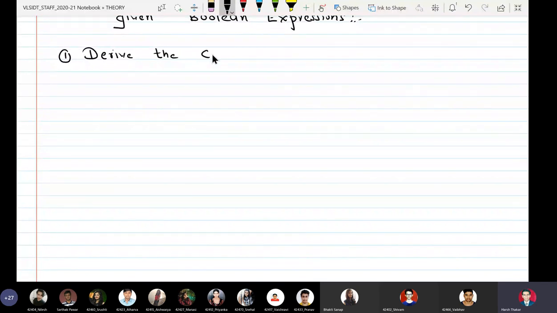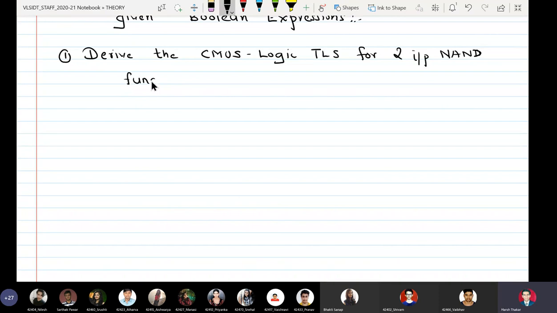Derive the CMOS logic transistor level schematic for 2 input NAND functionality. Okay, it's very simple.